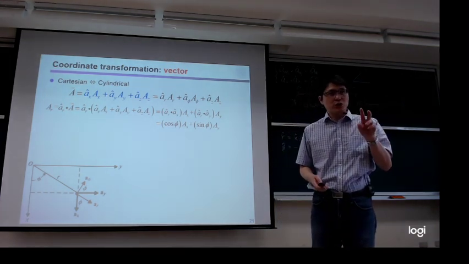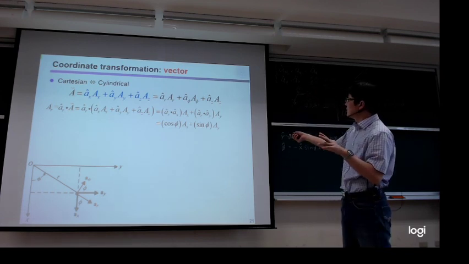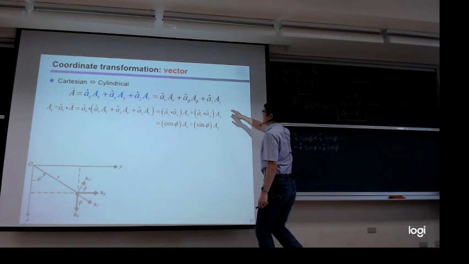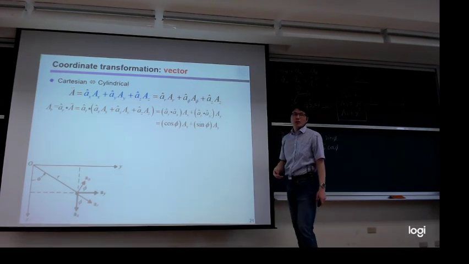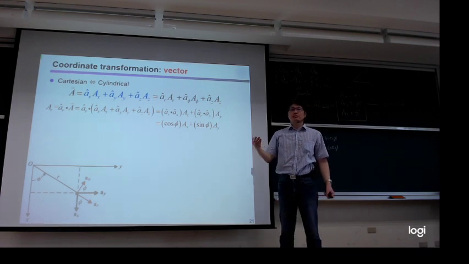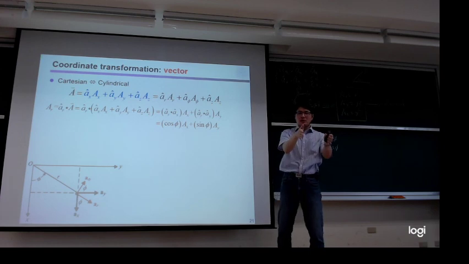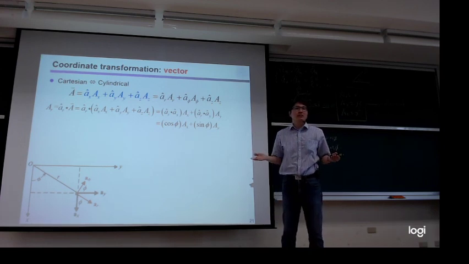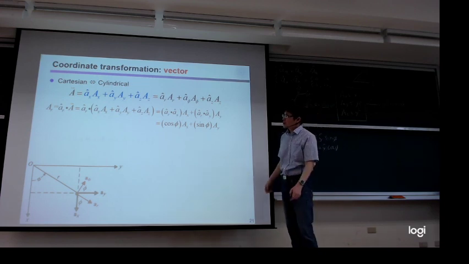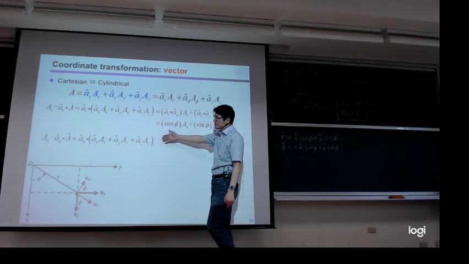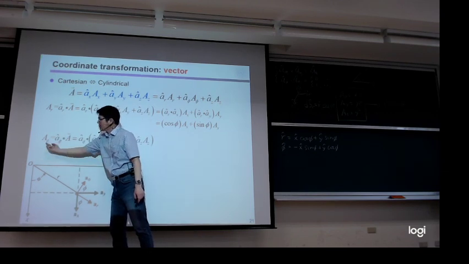We can repeat the process to extract A phi. Do we need to extract Az? They are the same, right? They are the same, so you don't have to extract. When you're trying to transform from Cartesian to cylindrical, or cylindrical back to Cartesian, you don't have to worry about the z component because they are identical. So we can repeat the process to extract A phi. How to extract the A phi component?